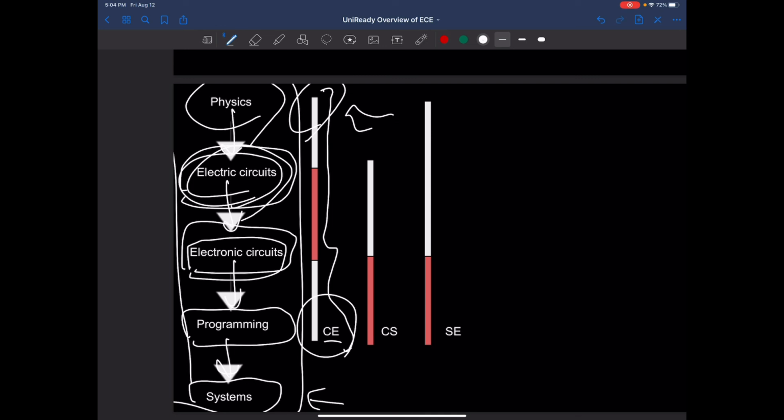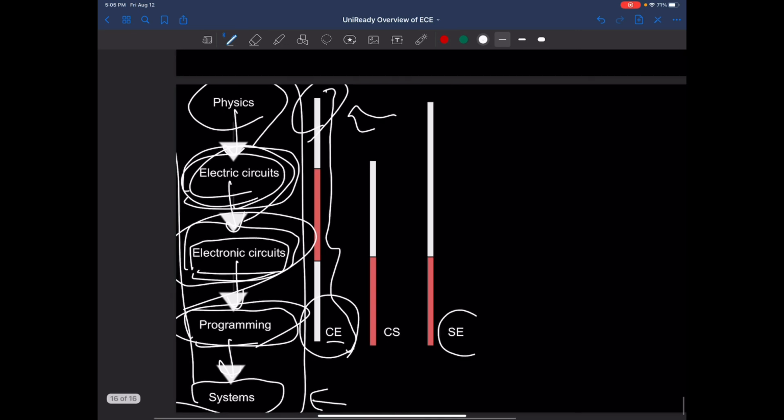They might deal with electric circuits, although this is almost optional. As a computer science student, you don't need to understand why electric circuits work the way they do. You just have to understand how electronic circuits behave, how these logic gates behave, and how these can be abstracted to make programming languages, and how you can use programming languages to build software.